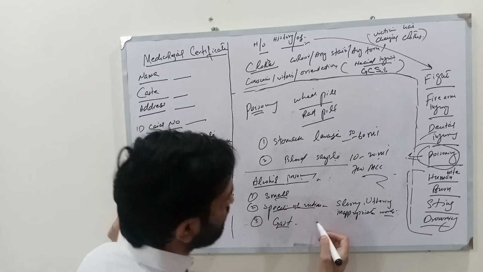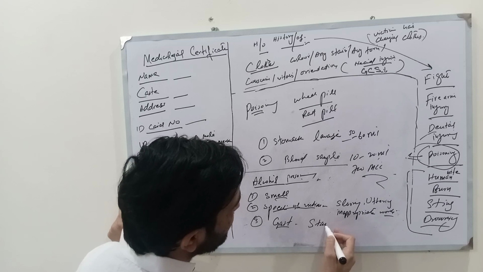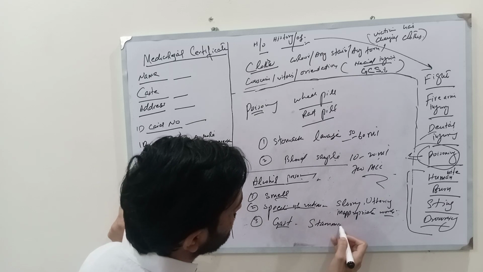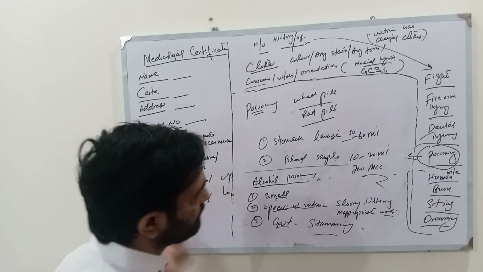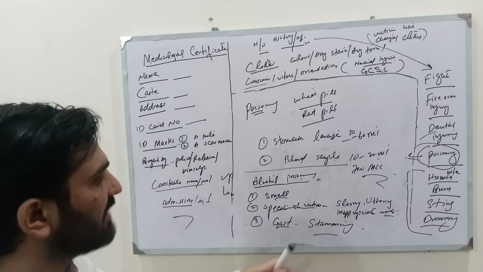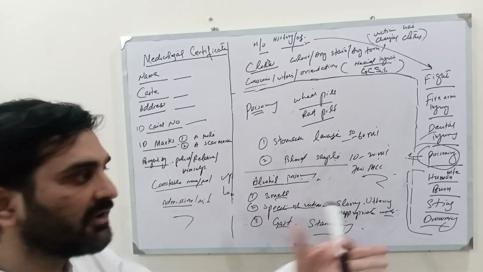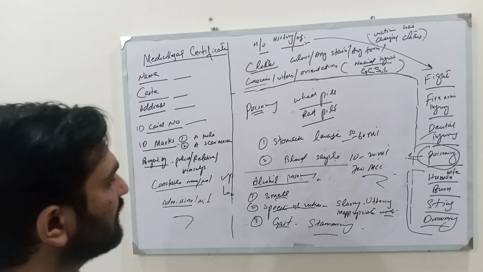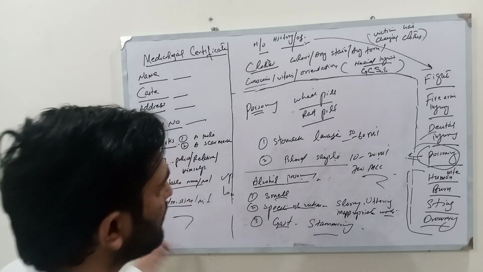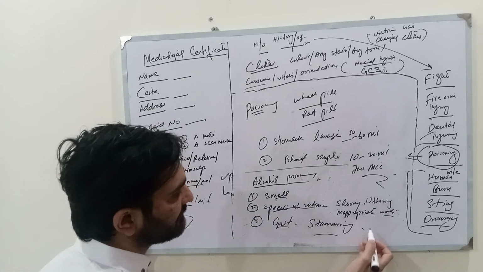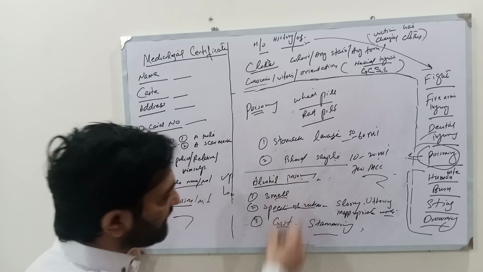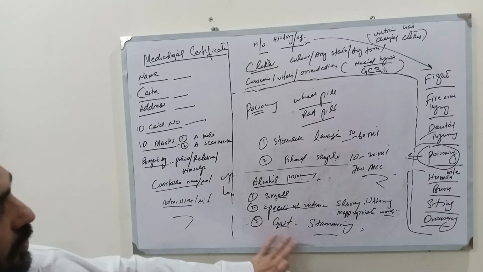In alcohol poisoning, gait is staggering, like moving on one side and then the next side, one side, next side, and trembling. These are the three you have to look for in alcohol poisoning.